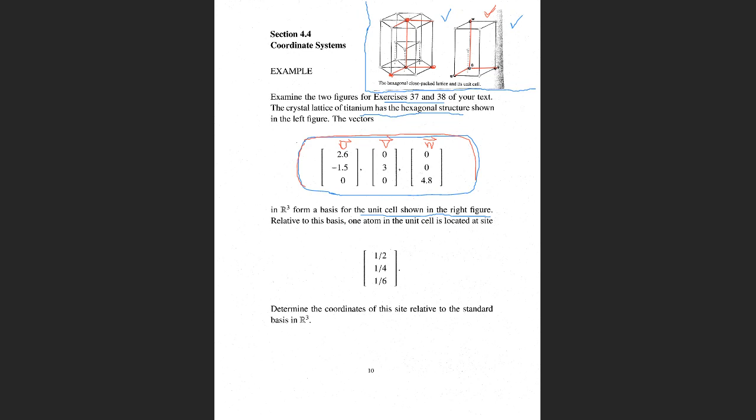And relative to this basis, one atom in the unit cell is located at the site a half, a fourth, a sixth.